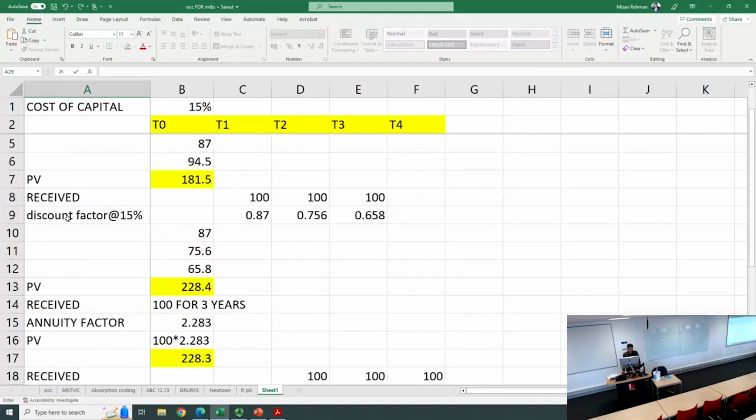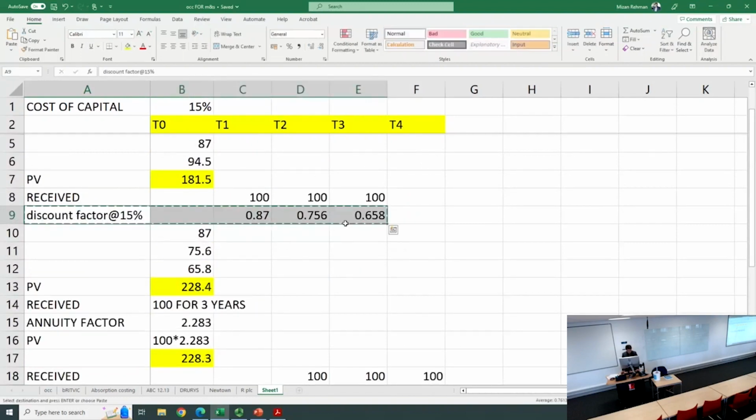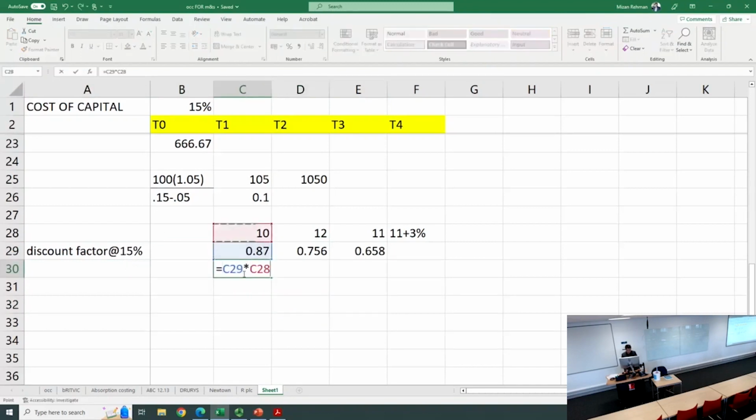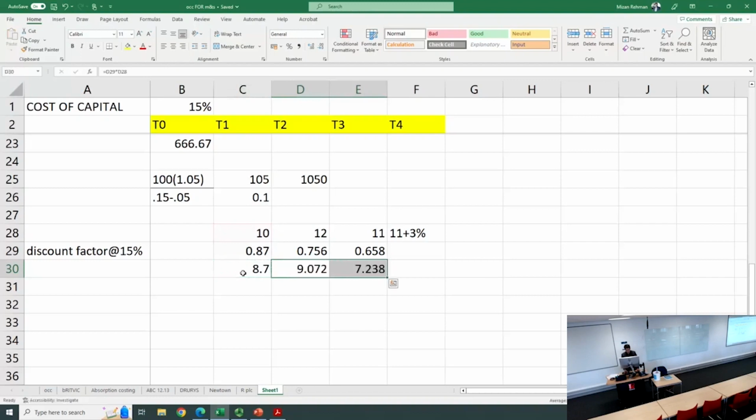We have already used these factors. And for the infinity, T4 to infinity onwards, we do 11 growing by 1.03, divided by 0.15 minus 0.03, the growth rate.